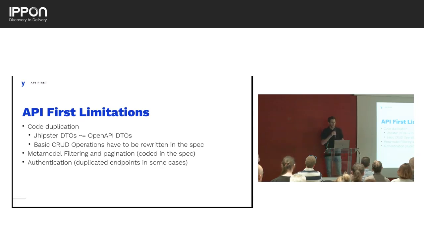So metamodel filtering and pagination, which are great features natively introduced in JHipster, if you decide to go entirely API first, you kind of lose them, and you have to find another way to define them and make everyone understand how pagination and metamodel filtering work. Okay, so you really lose a lot of benefits of this part.